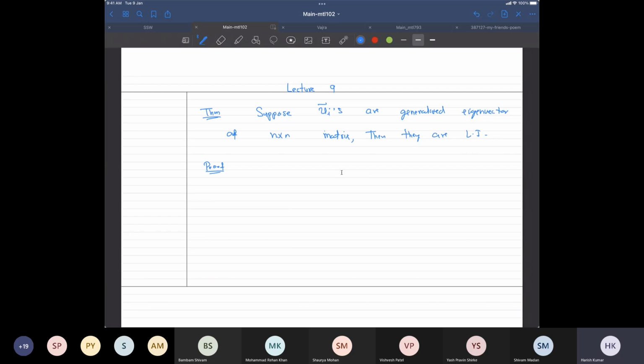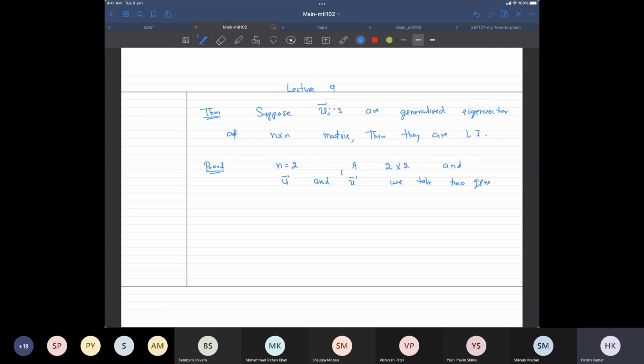Let's look at the proof. We'll consider the case of n equal to 2 for simplicity, so that means A is a 2 cross 2 matrix, and then you will have one eigenvector and one generalized eigenvector. So I take u and v to be two generalized eigenvectors.